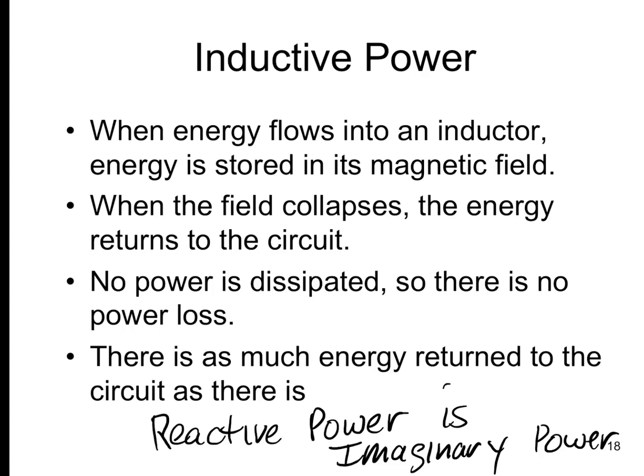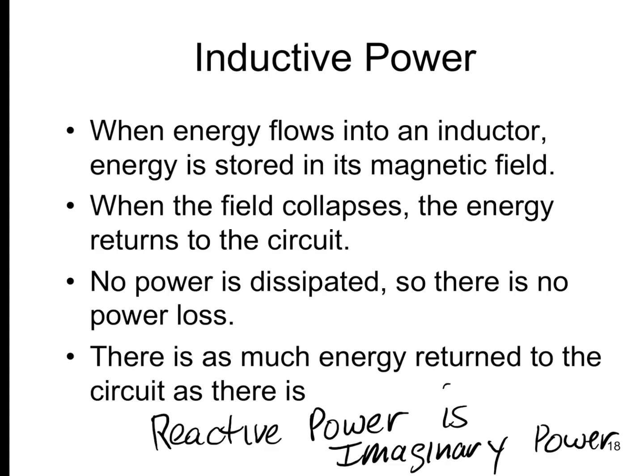And as it turns out, this is something we call reactive power. And sure enough, it's also referred to as imaginary power because it's plotted on the imaginary number line. It's not doing any real work. It can't be translated to horsepower, BTU, or watts. And so it's something we call reactive power. We'll be looking at it more when we look at power triangles later on and understanding how total power is the result of real and reactive power.